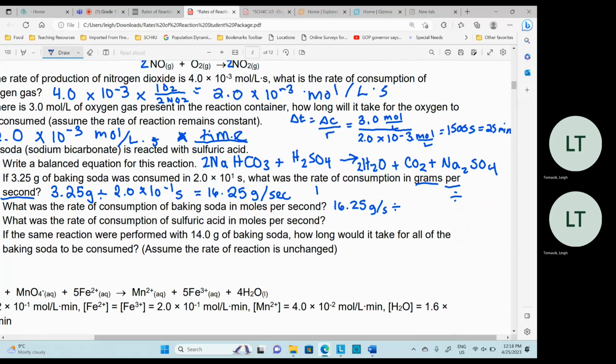Let me think. So sodium is 22.99. Hydrogen is 1.01. So that makes 24 altogether. Carbon is 12.01. So that's 36.01 plus 48. So I'm going to say this is 84.01.